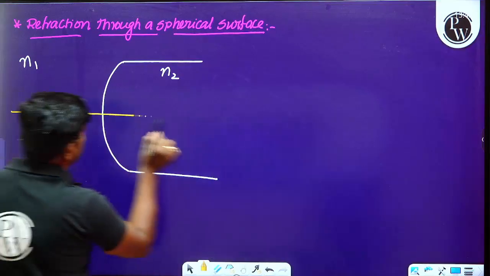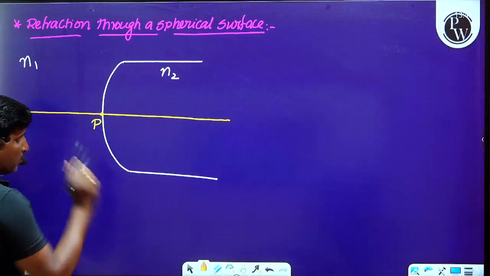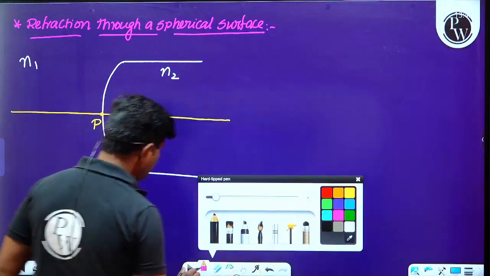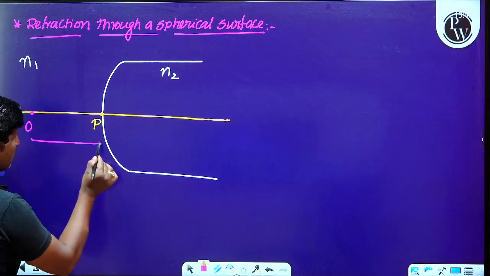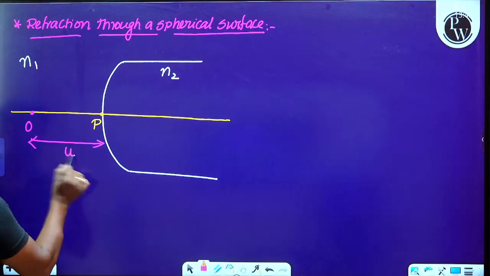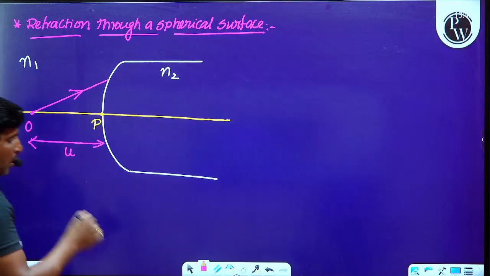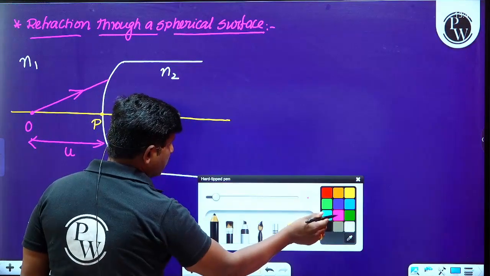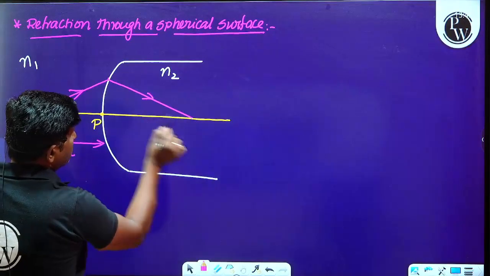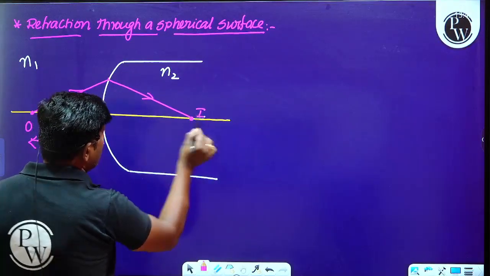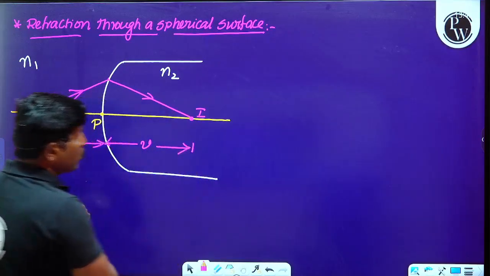Let us consider a principal axis and let P be the pole of the spherical surface. Observe this: whenever an object is considered at a distance of u from the pole of the surface, the light incident on the refracting surface will undergo refraction. It forms the image I, which is at a distance of v from the pole.